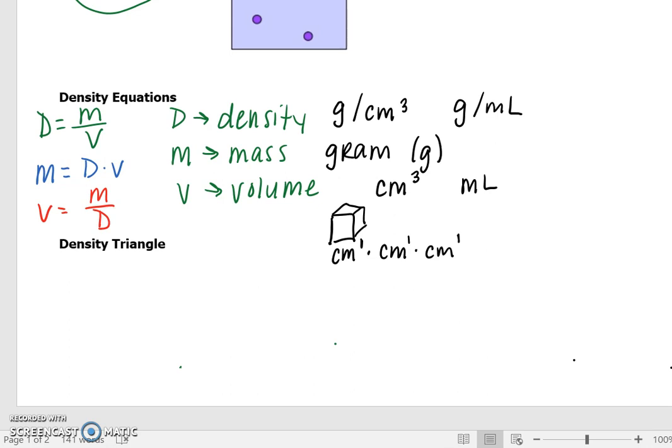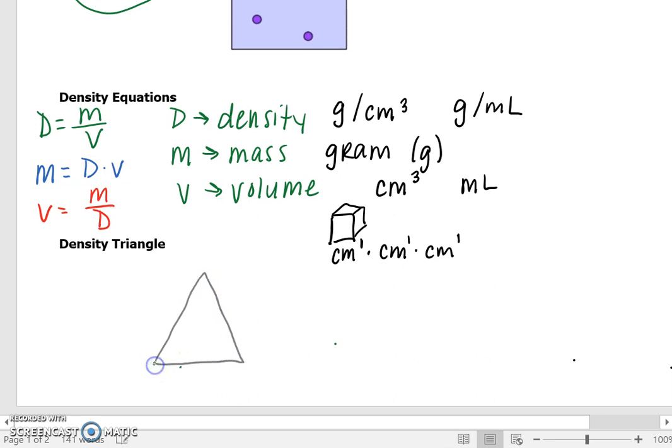Okay. Now, let's say that you really struggle with manipulating these equations. I have a little cheat for you, which would be the density triangle. So in the density triangle, we would divide it into the 3 parts. So there's our triangle. And then we have our different variables.